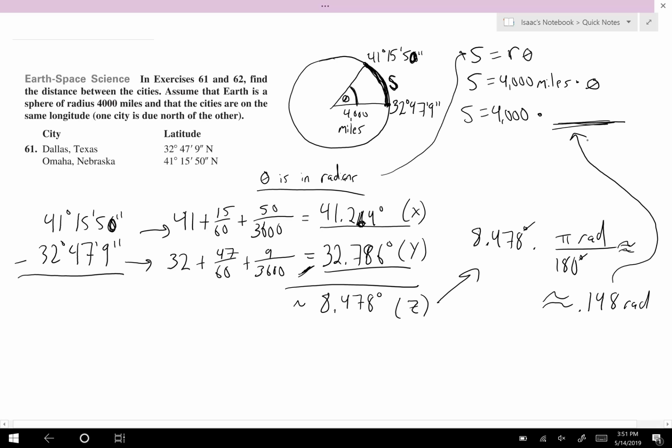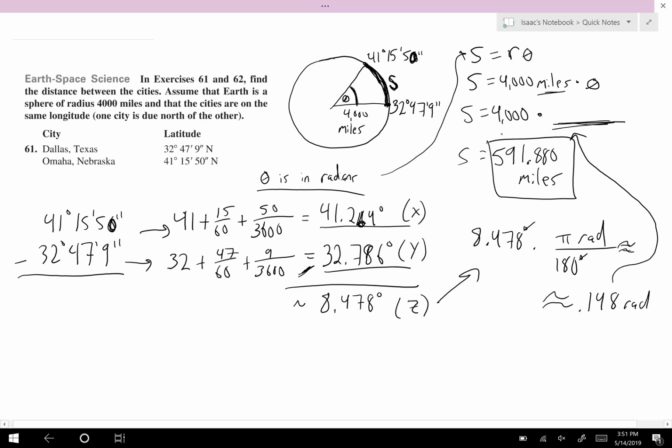And while this is still in my calculator, I'm going to quickly multiply that by 4,000, and so S equals R times theta, and theta had to be in radians, which is where we get 591.880 if I round to the nearest 3 decimal places. And since this is miles, this would be miles too.